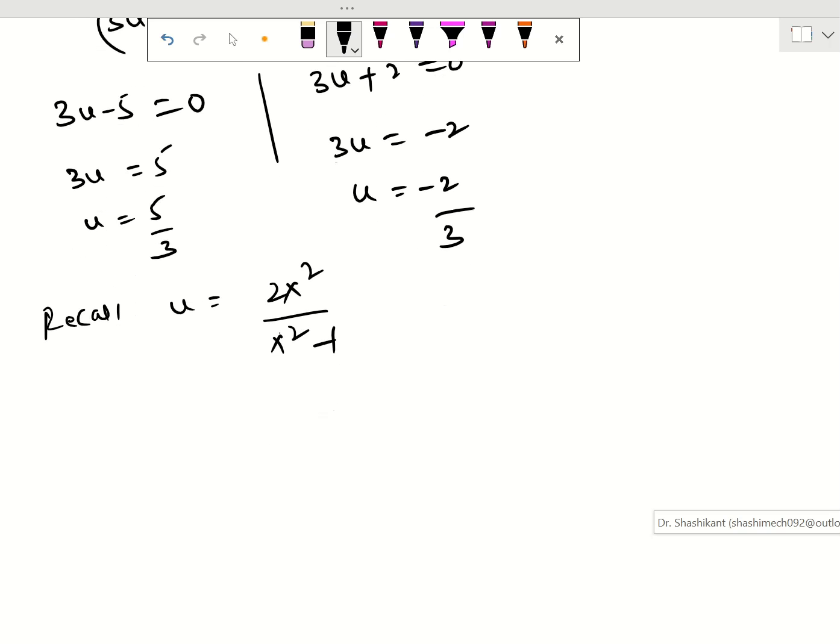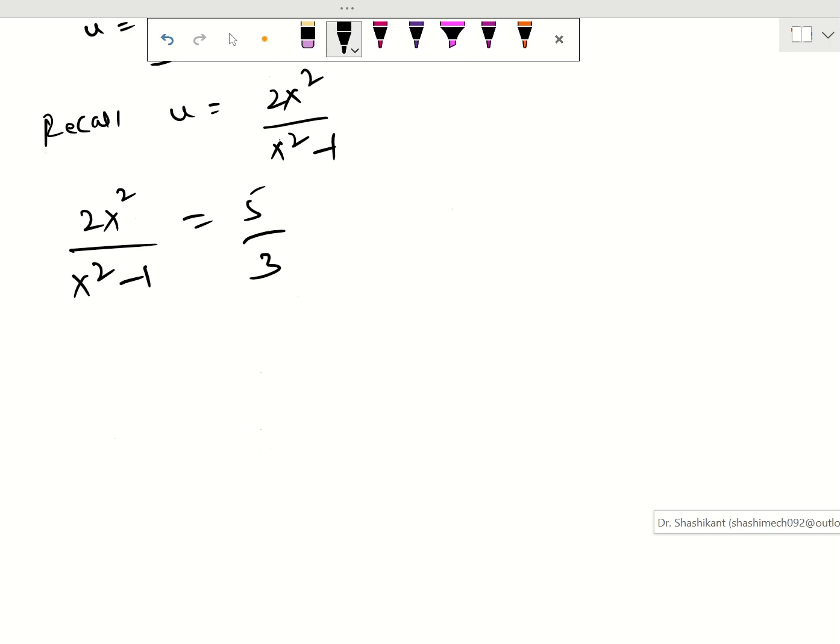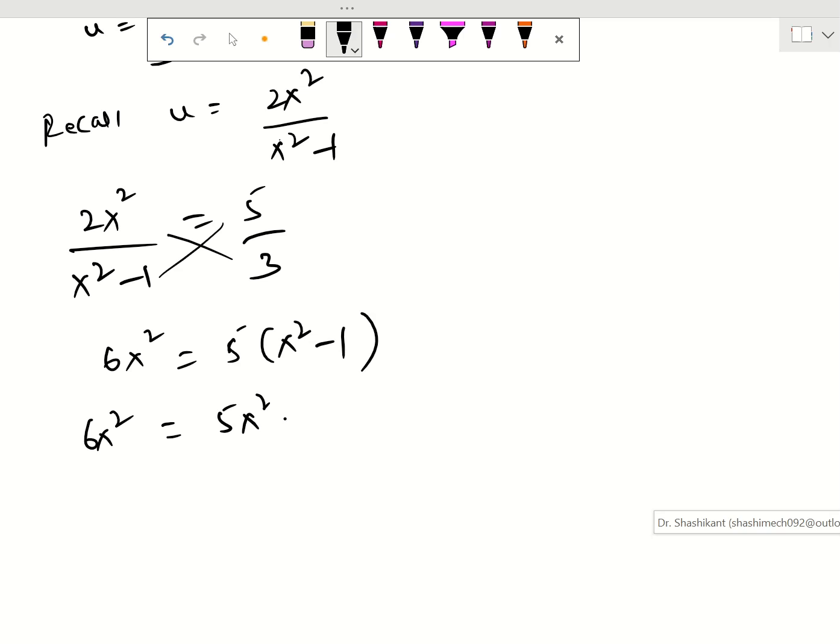Now I am putting the value of u in the first case, so it will be 2x²/(x² − 1) = 5/3. Cross multiplying, 3 times 2 is 6x², equal to 5 into (x² − 1), so 6x² = 5x² − 5.